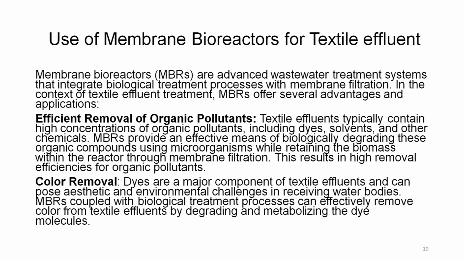This results in high removal efficiencies of the organic pollutants. So, it has a very good quality that it is efficiently removing the organic pollutants which are the main load of the textile effluent, and they can take care of the dyes, solvents and other chemicals.